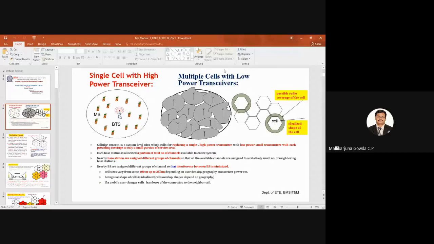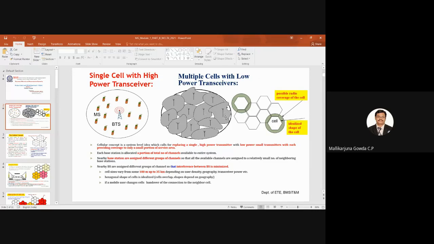So what we do here is replace this single high power transmitter with low power small transmitters. Each will provide coverage only to a small portion of the service area. I hope you are able to see the second diagram: multiple cells with low power transceivers. So that area will be covered by many base stations.